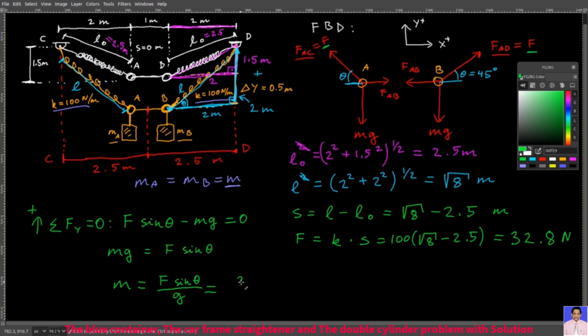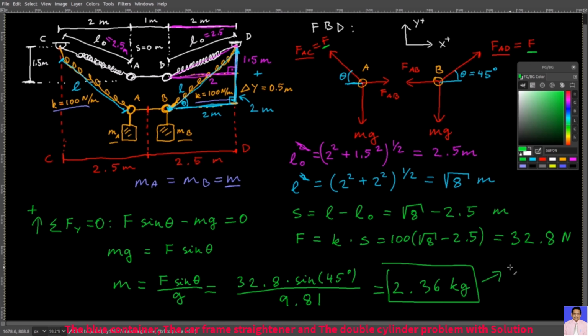So you have 32.8 times sine 45 degrees divided by 9.81 meters per second squared. And that will give you 2.36 kilograms. And that's both for mA and mB.